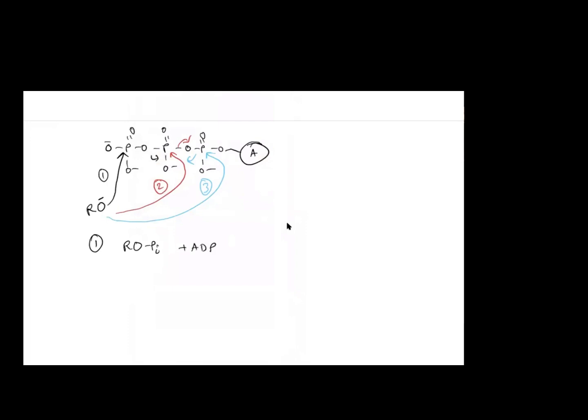Plus ADP. And in 2, we're going to get ROPPi plus AMP. And if we do the third, we're going to get RO-A, that's the ADP, plus PPi.